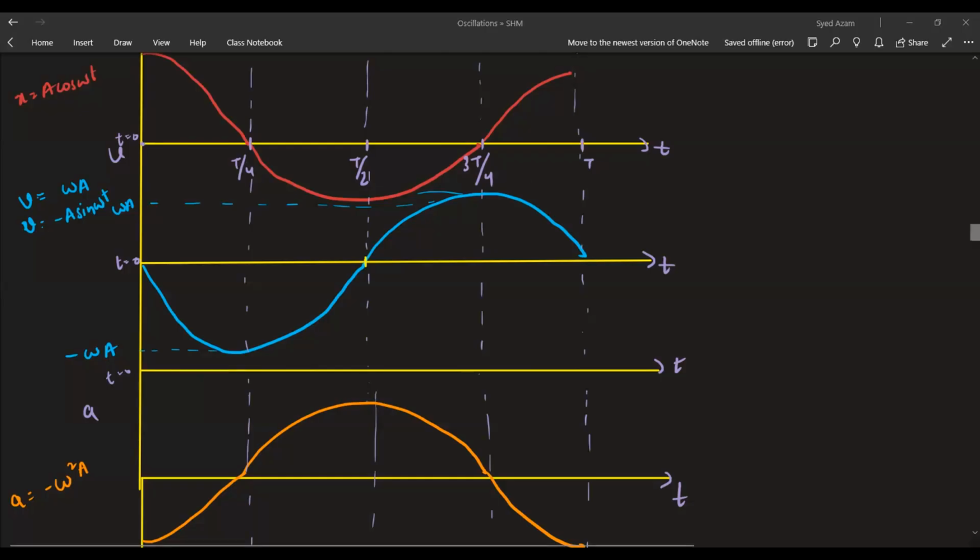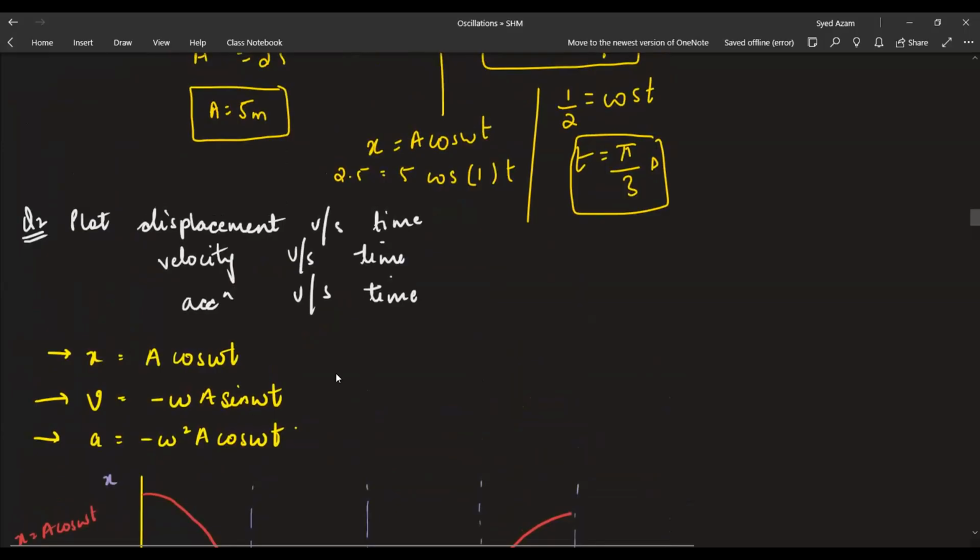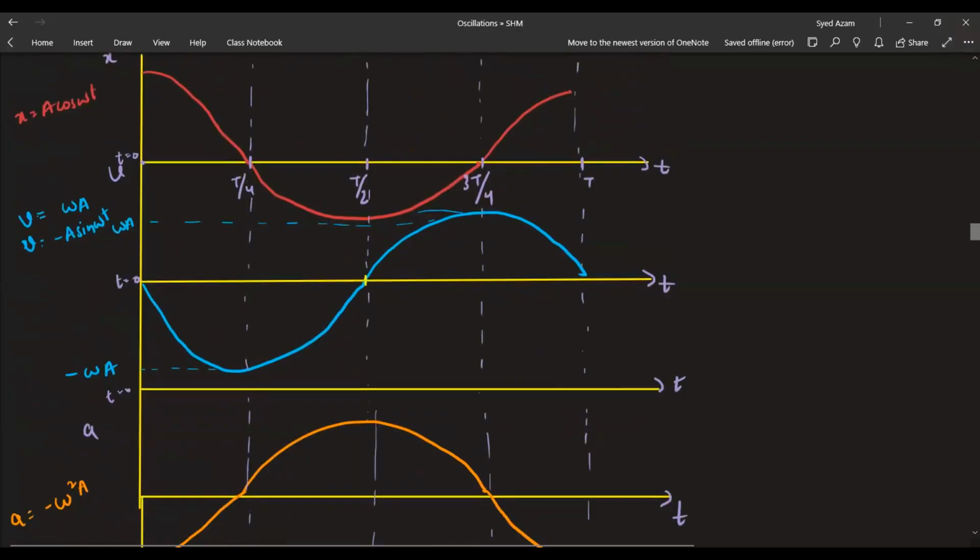Shaima, we have started with this only. This is the question part. Take the screenshot of this, and that is the graph part. Done, all of you?